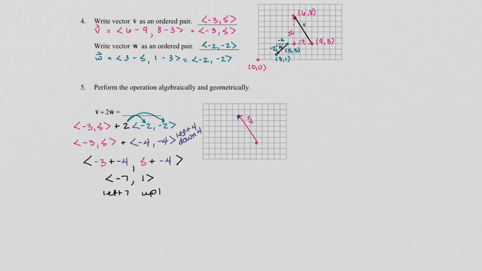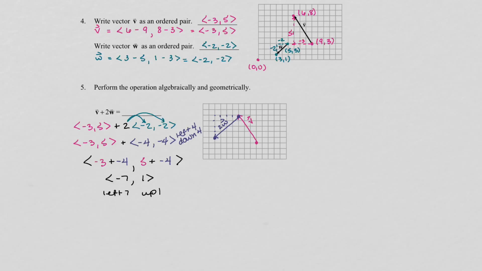And so from this point, if you count left, 1, 2, 3, 4, and count down 1, 2, 3, 4, that's your new w. This is my 2w, because I multiplied those distances by 2.